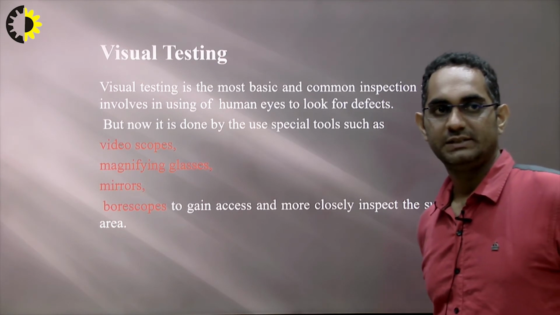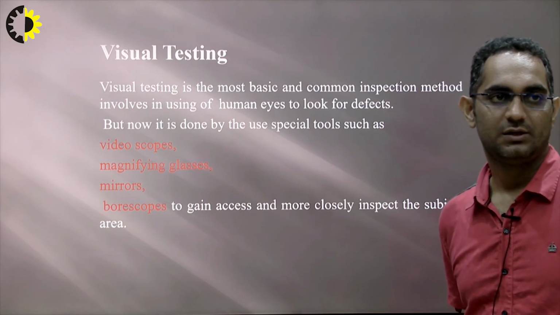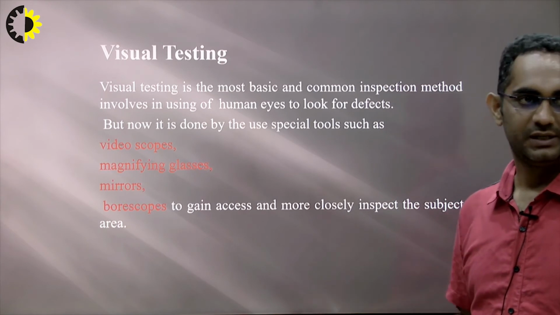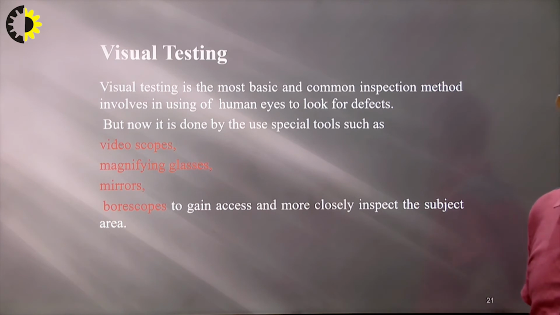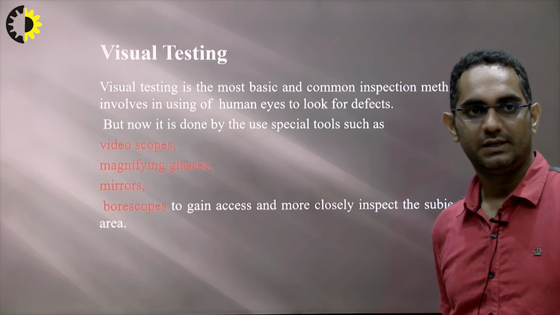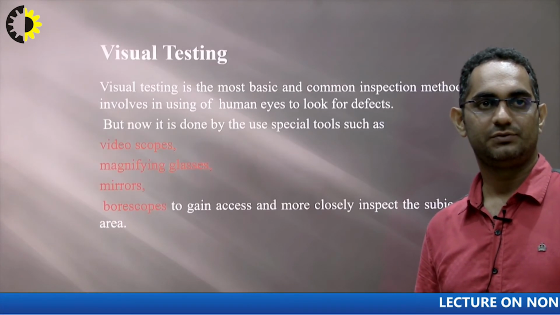But now it is done using special tools such as videoscopes, magnifying glasses, mirrors and borescopes to gain access and more closely inspect the subject area. This is visual testing.